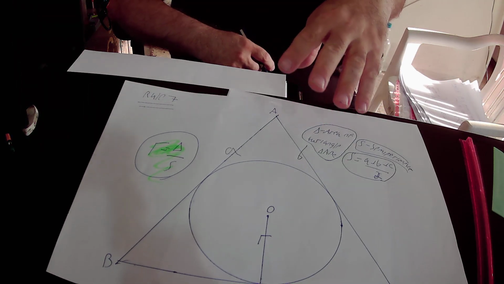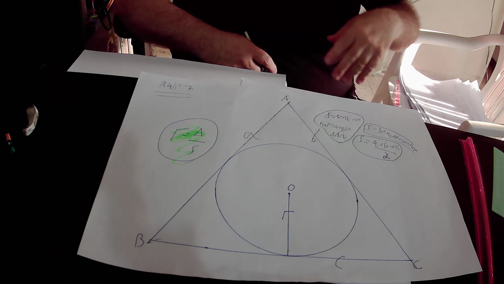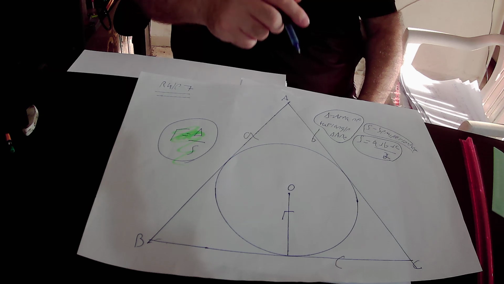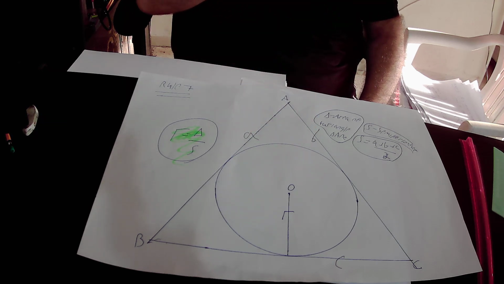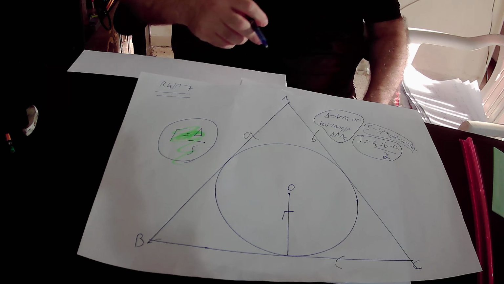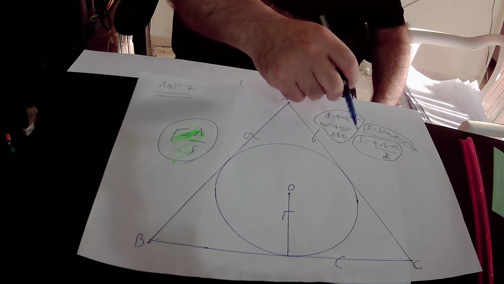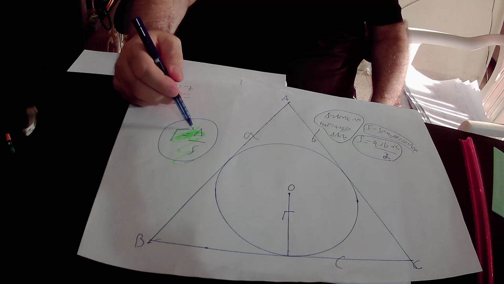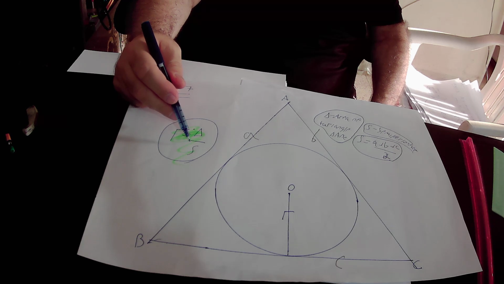Here is a circle described by triangle ABC, which could be any triangle. The radius of this circle is R, and according to the new formula, it will be equal to the area of triangle ABC over the semi-perimeter of triangle ABC.